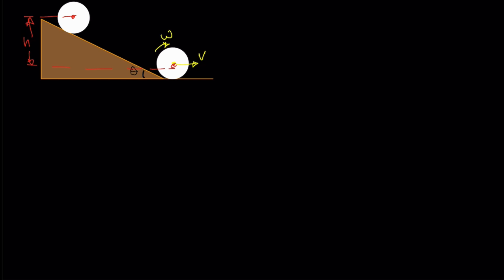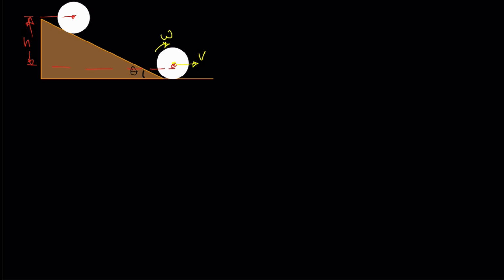Now in rolling without slipping, the points of contact don't really slip on the ground, so there is no loss in mechanical energy. In problems where they specify that the object is rolling without slipping, we can simply use conservation of mechanical energy.